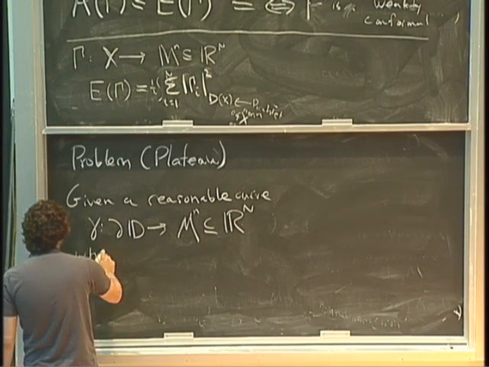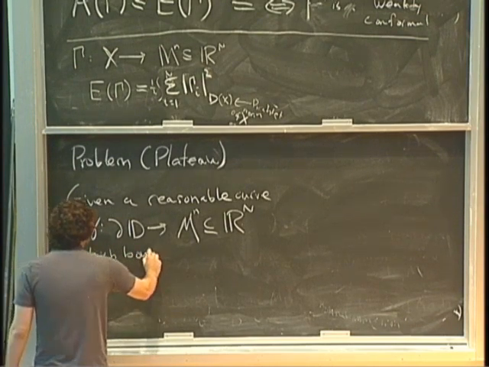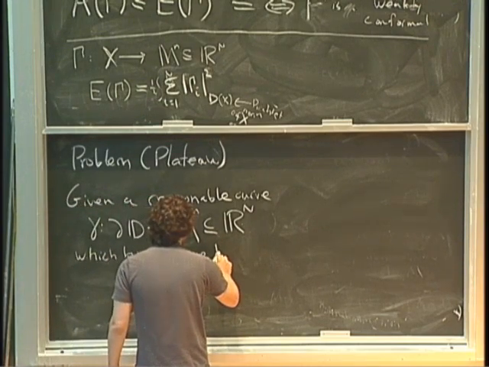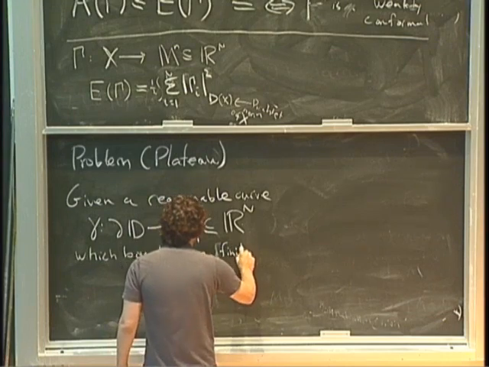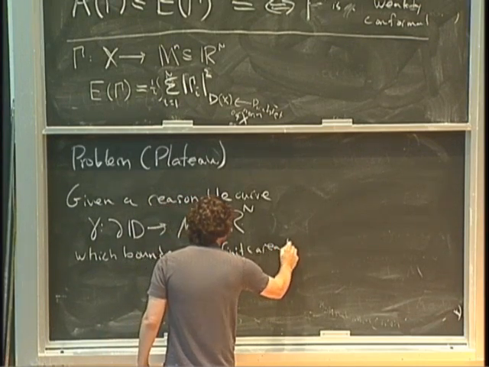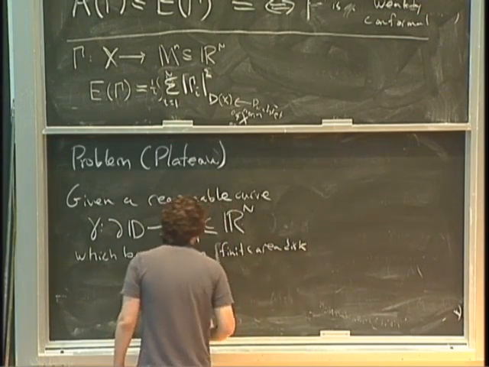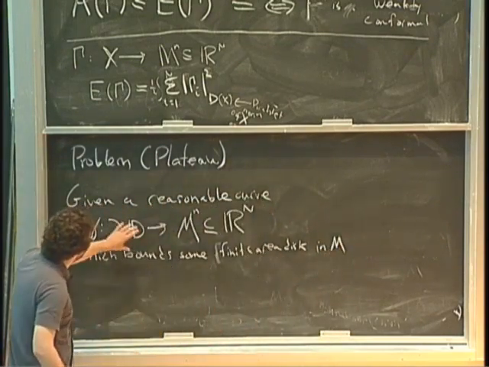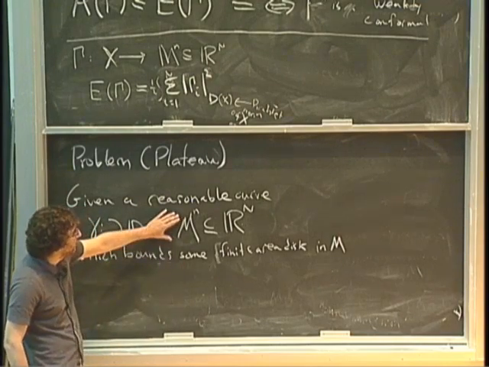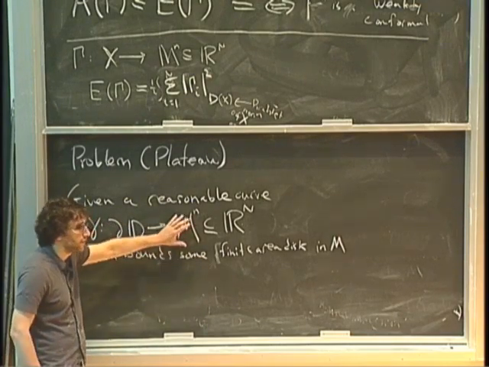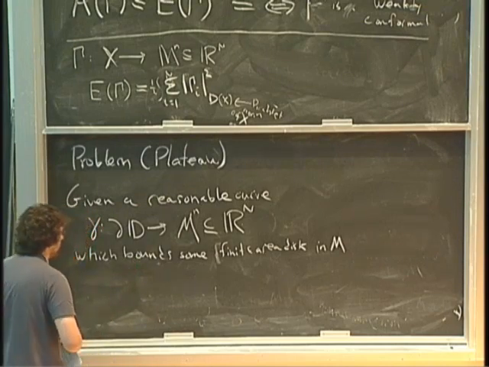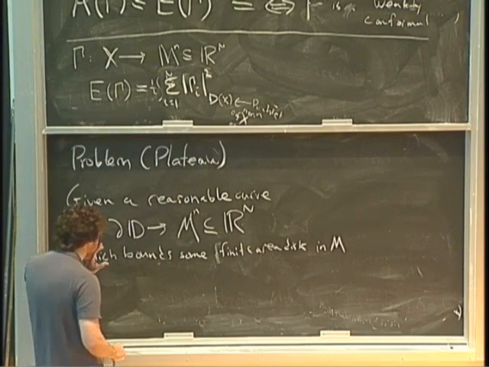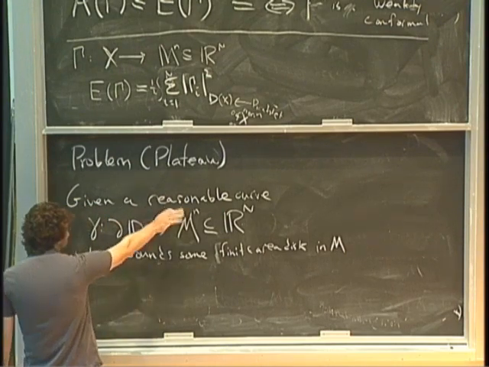Which bounds some finite area disk in M. Right, so to bound a disk is a topological condition. To bound a finite area disk is a somewhat subtle geometric condition. But it's definitely satisfied if, for example, this is null homotopic and C1. So that's what reasonable means.